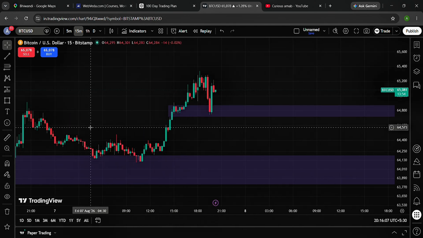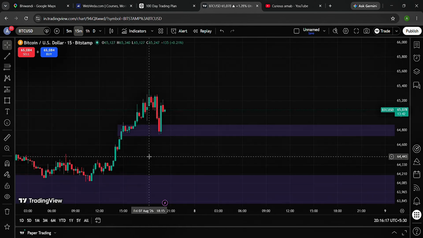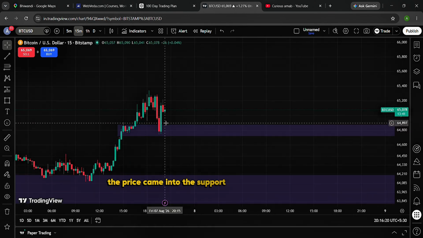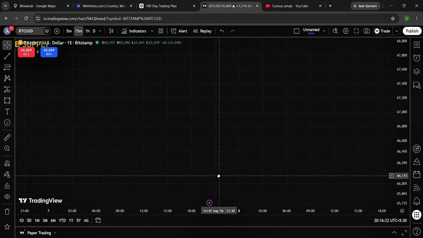A support zone we can treat as equivalent to a demand zone. When the demand is rising, the price comes into the support zone and goes upward.